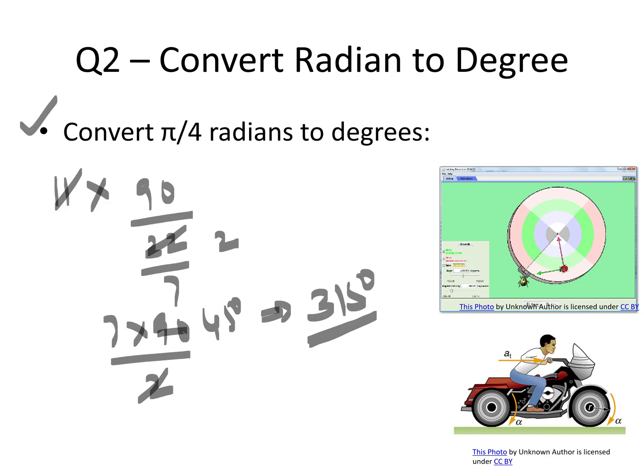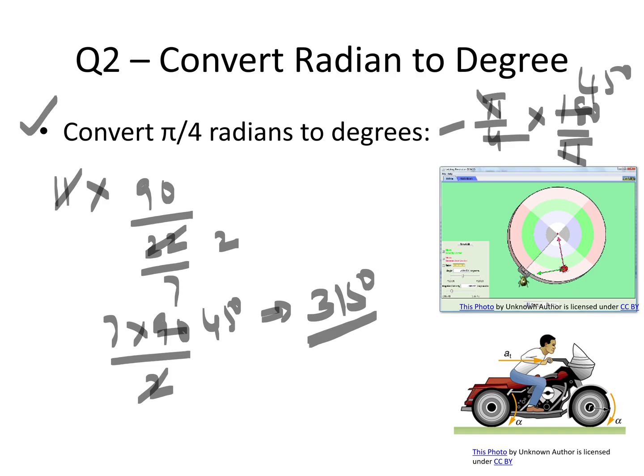Convert pi by 4 radians into degrees. You have to multiply with 180 by pi. Pi by 4 into 180 by pi, directly pi cancels, so I am getting 45 degrees. So this is the way you can convert radians to degrees.